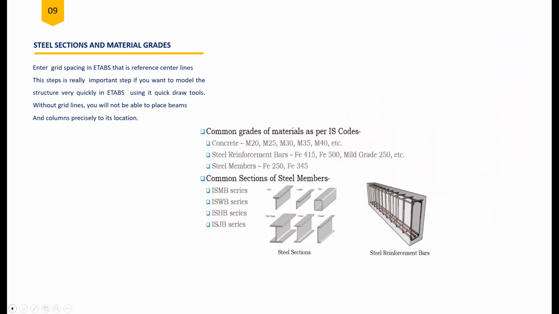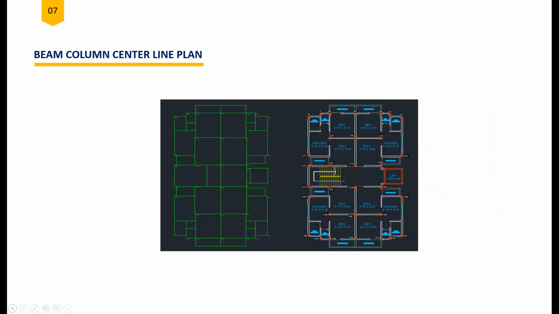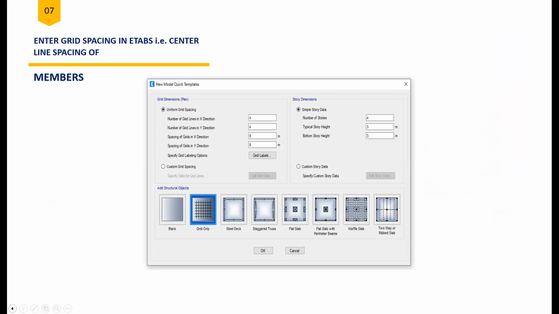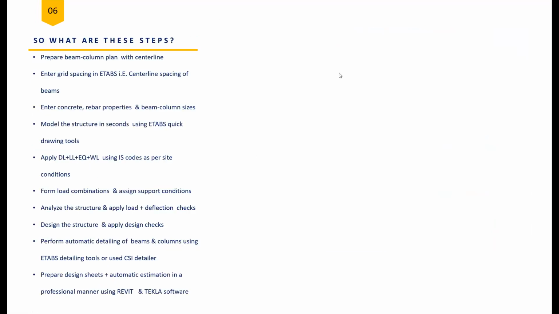Next we will see how the structure design process is carried out. Whenever we start, we start with some architect input. After architect input, we go for the modeling. After modeling, we go for the analysis.